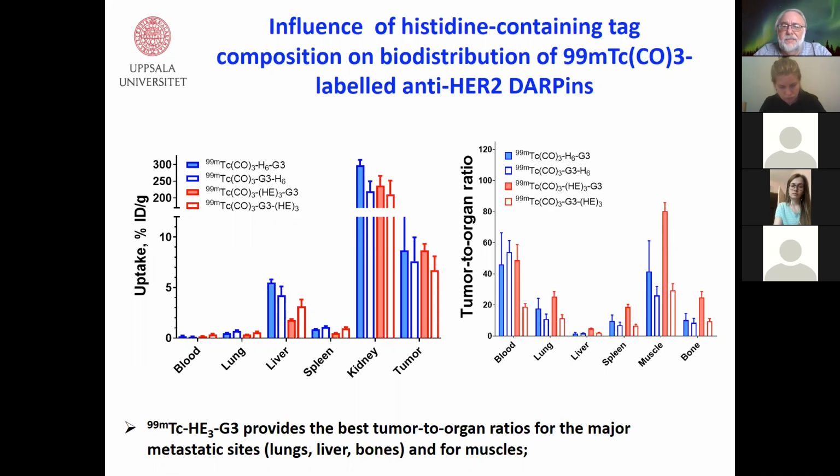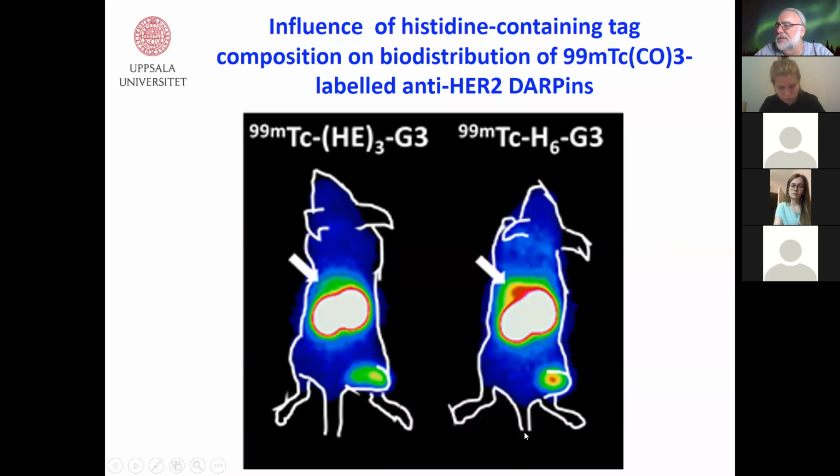So in principle, it's better, but effect depends on protein, and also in mice we could see very high liver uptake in the case of hexahistidine tag, but we managed to suppress it using flocculation He tag.